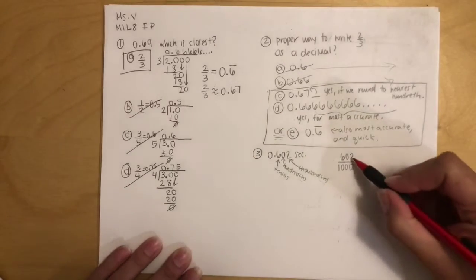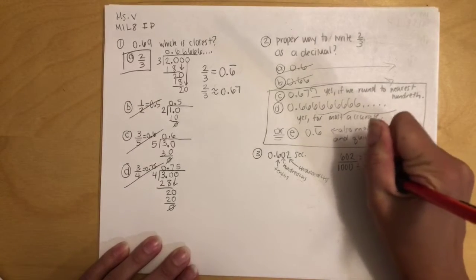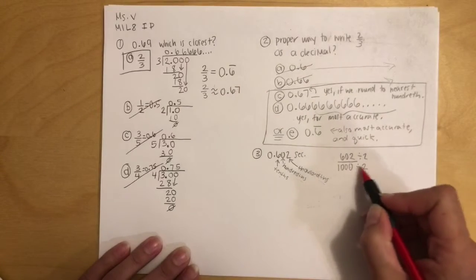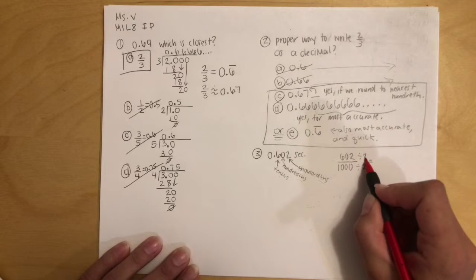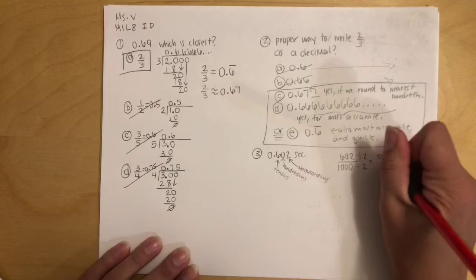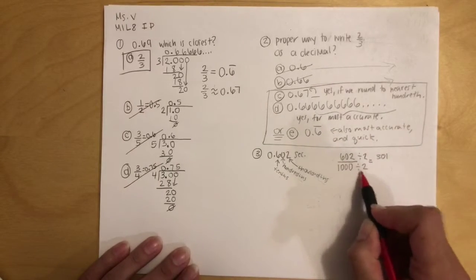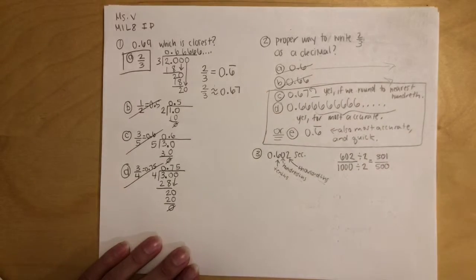So 602 over 1,000, and then simplify. Well, immediately I can see that these are both even numbers, so I can divide the top and the bottom by 2. 602 divided by 2 is 301. 1,000 divided by 2 is 500. So I don't immediately see anything else we can do to simplify this.